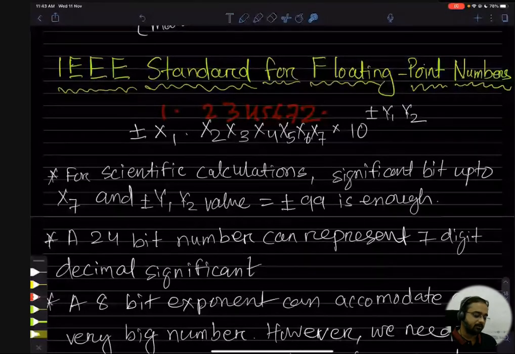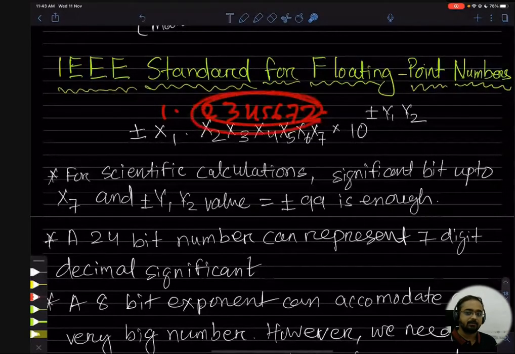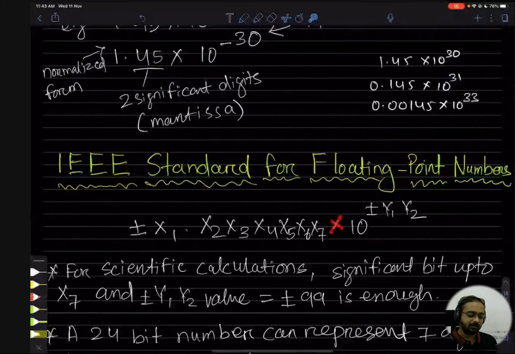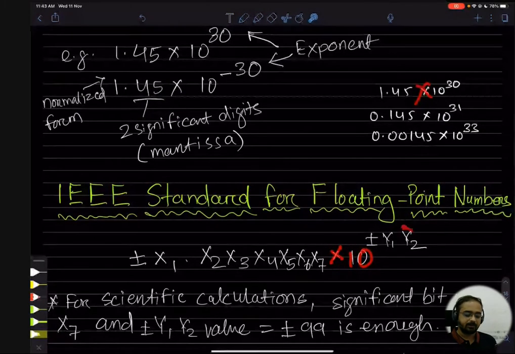The more bits you have, the more precise the value will be. It goes up to x7, and then there will be a multiplication sign and 10 to the power of some value.